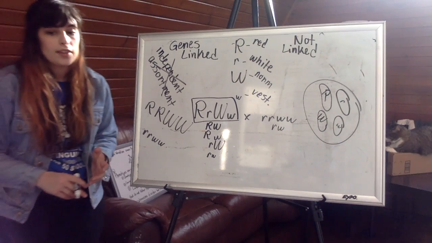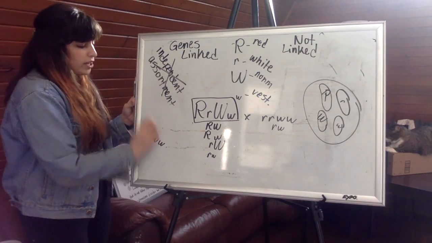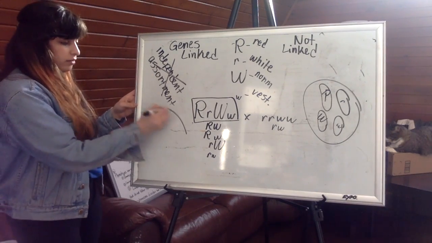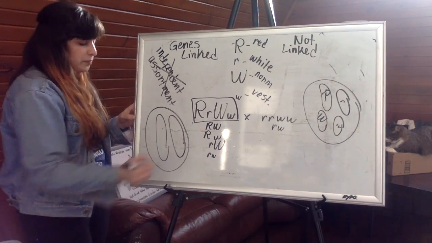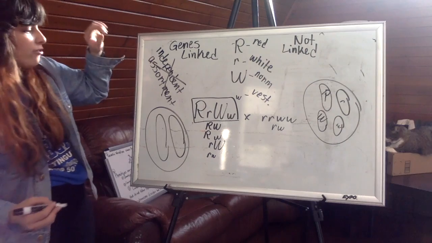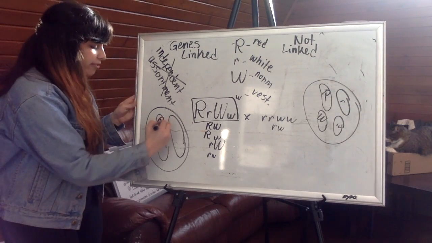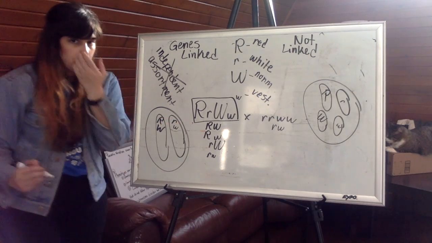If these genes are on the same chromosome, some other funky stuff's going to happen. I'm going to erase these so we can draw what might be happening if the genes are linked. If the genes are linked, then they have to be on the same chromosome. So, we have one copy from dad and one from mom, and in this case, dad had the following genotype, and mom had the following genotype.